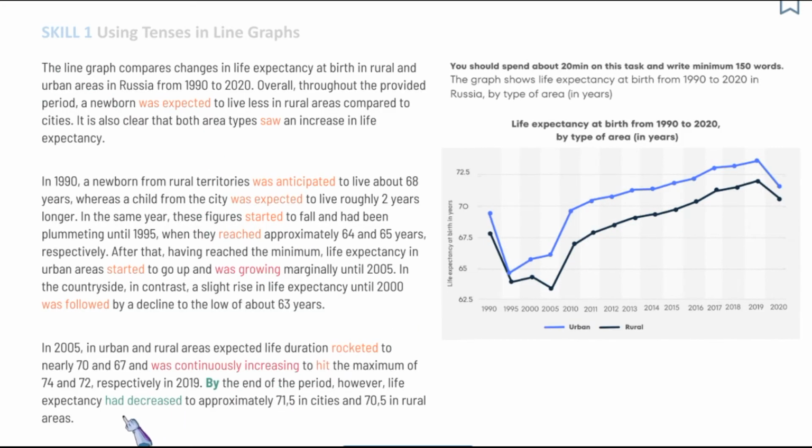This is how I have used past perfect in my report. By the end of the period, life expectancy had decreased. Now, this tense is more advanced than, for example, past simple or past continuous. And it's actually quite easy to use it in line graphs.